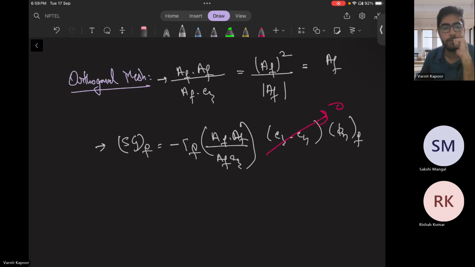So for orthogonal meshes, the primary gradient coefficient will revert back to the correct expression of the orthogonal mesh, and the secondary gradient will become 0 because it is nothing but minus of this, and the dot product comes out to be 0 as they are orthogonal.